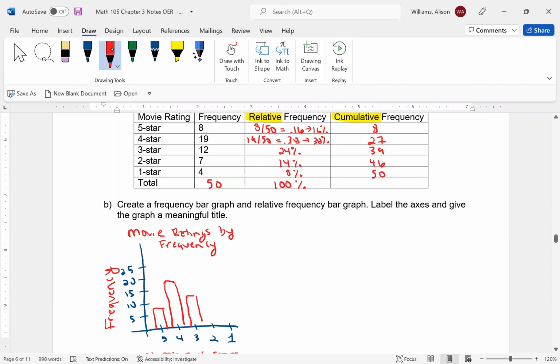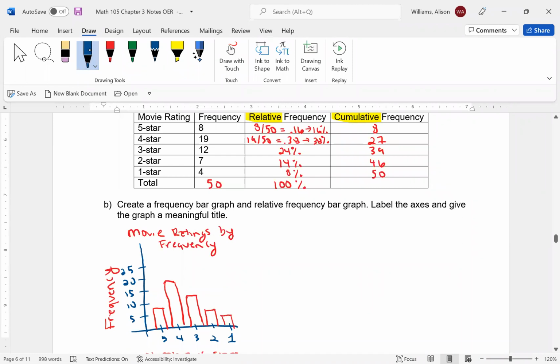Try to do it a little on the lower side. 2 is 7, so a little bit lower than the first category. And 1, it should be the shortest of all, a little bit below the 5. And there we go. There is my frequency bar graph.